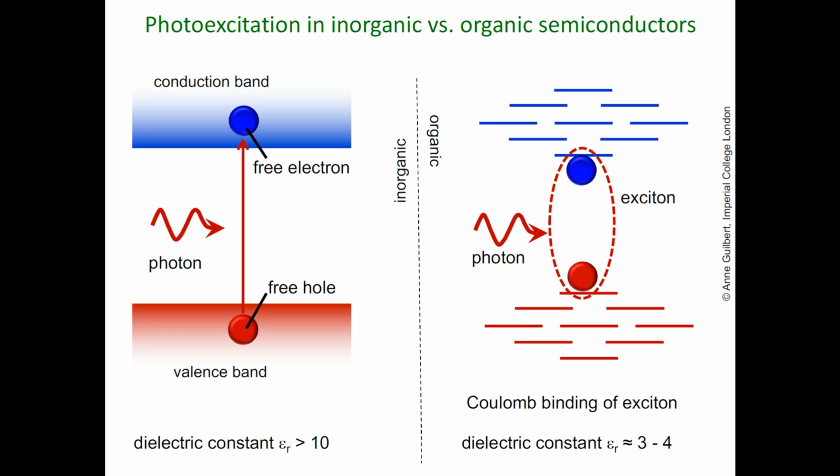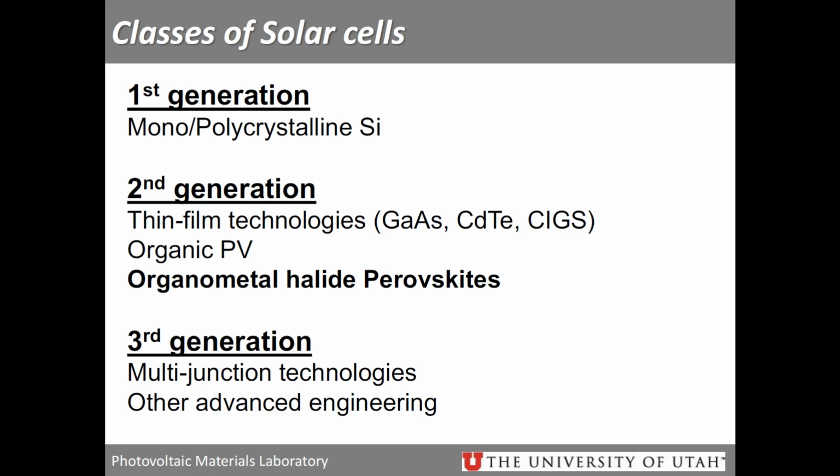So instead of a material with a high dielectric constant or high refractive index, you can have these organic molecules, and you have a Coulombic binding or an exciton pair. An exciton is nothing but a hole and electron pair to generate electric currents with very low power requirement in comparison to conventional semiconductor materials.